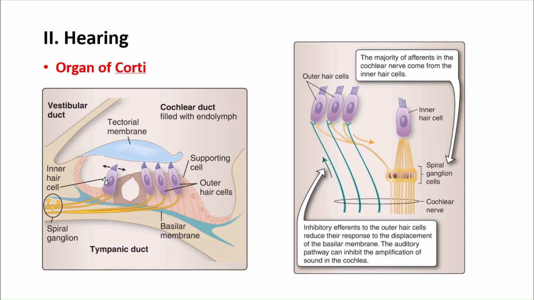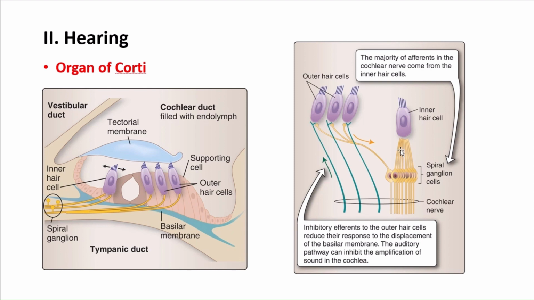The fluid also moves in the cochlear duct, so the inner hair cells are also stimulated and send signals to the brainstem through the spiral ganglion.